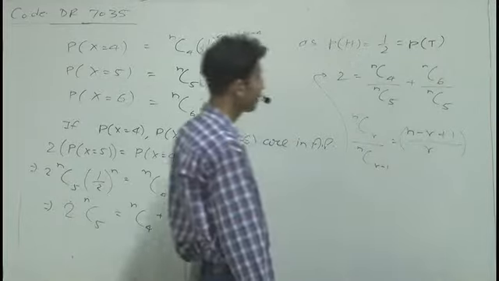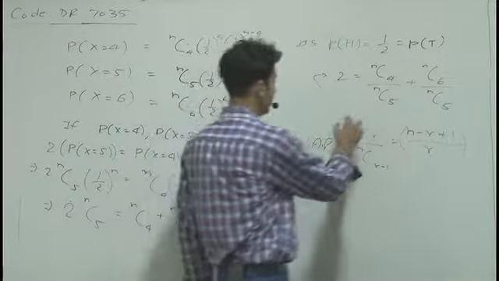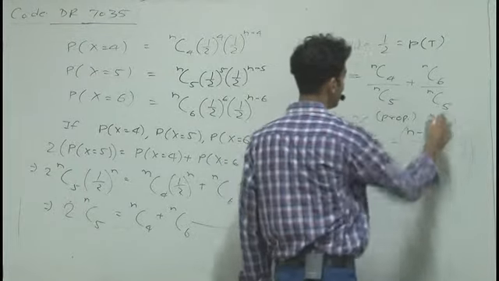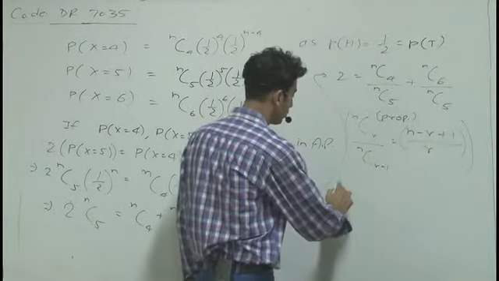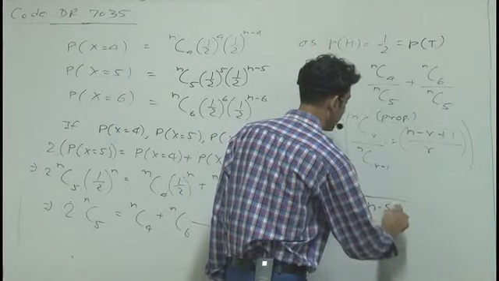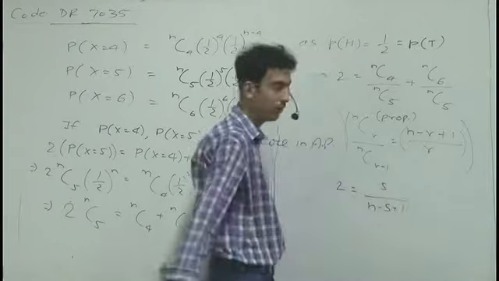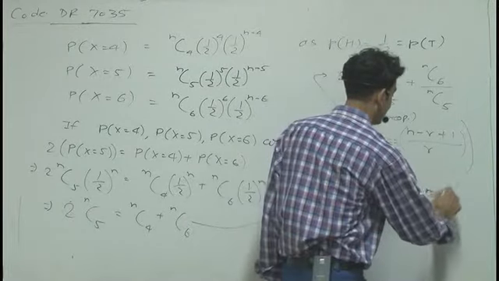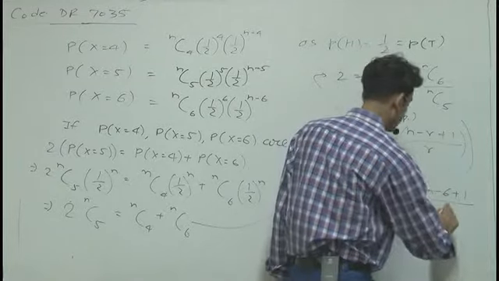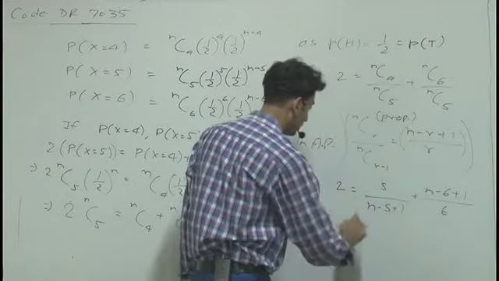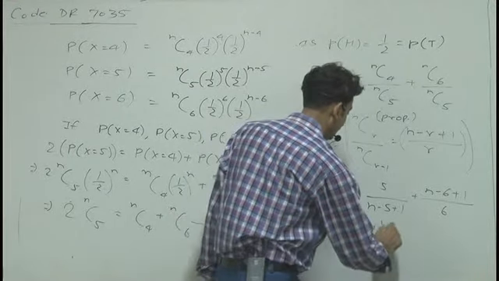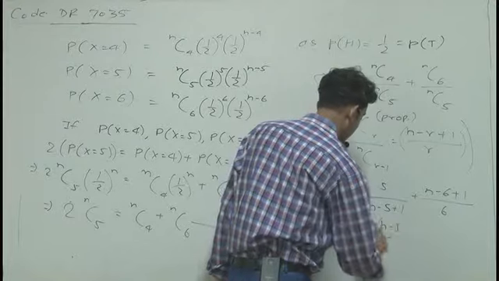With the help of this property, we can write this equation as 2 = 5/(n - 4) + (n - 5)/6.